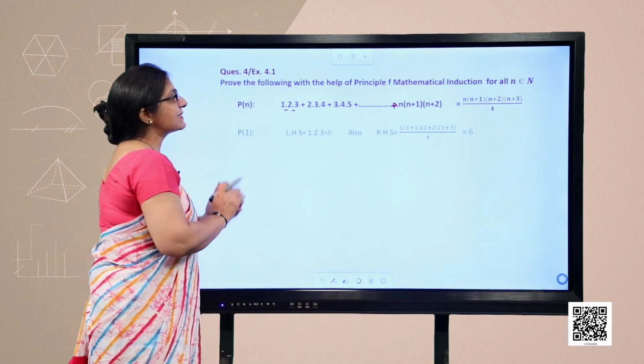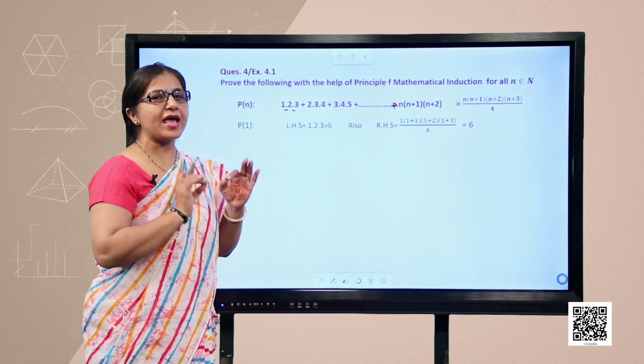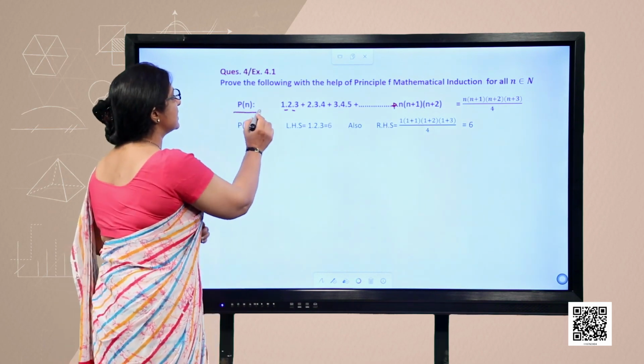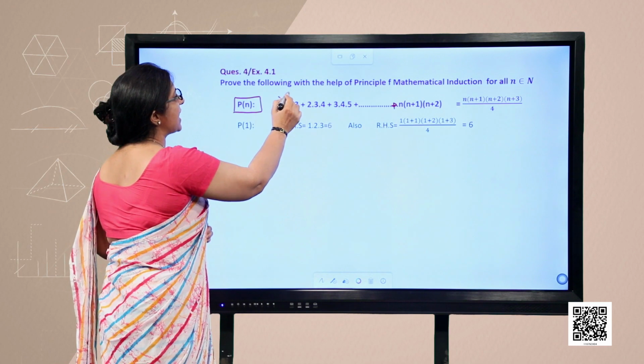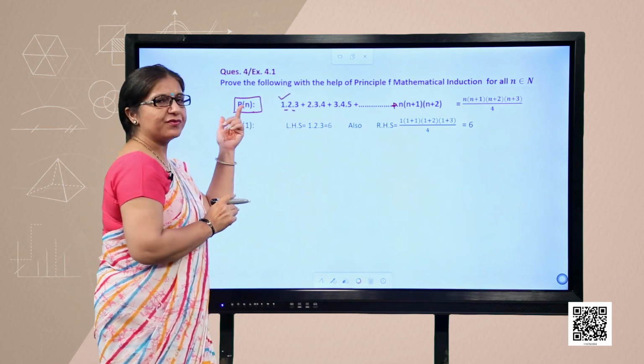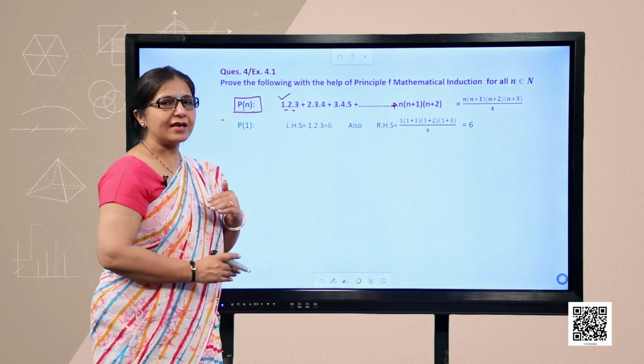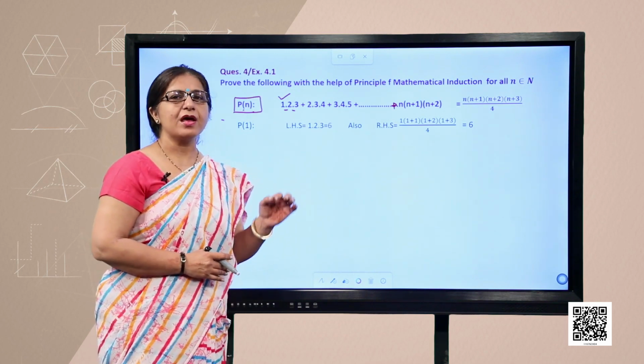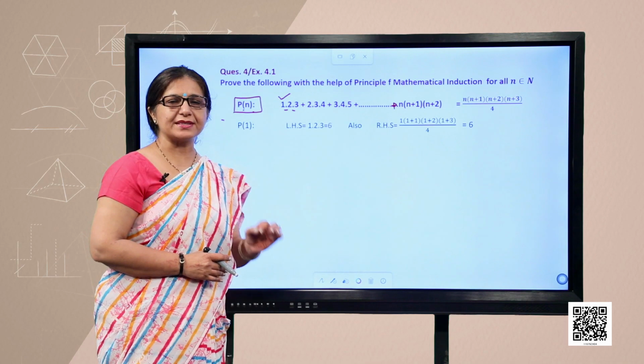Now, this is the basic step of any mathematical induction process, that we consider the statement as P(n). The first statement we name it as P(n), and then the next step comes to verify the statement for n is equal to 1, that is the basic step.